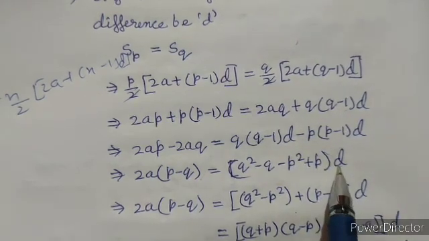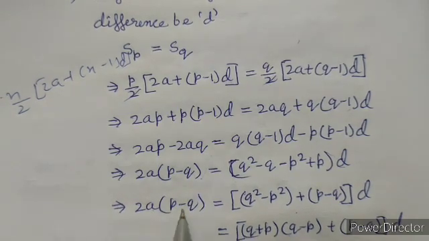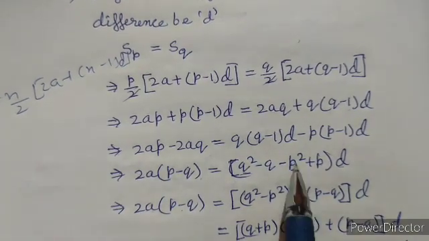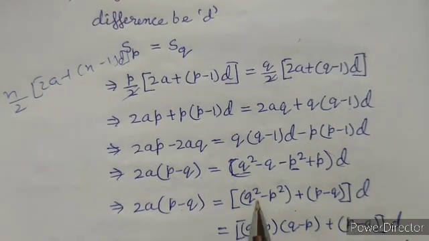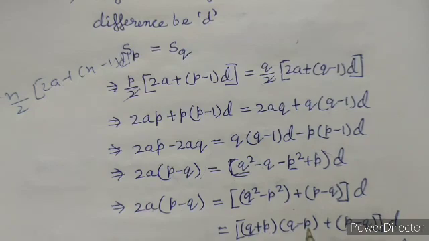into d, on taking d as common. This will give us 2a into (p minus q) equal to (q square minus p square plus p minus q) into d. Now q square minus p square can be written as (q plus p) into (q minus p).